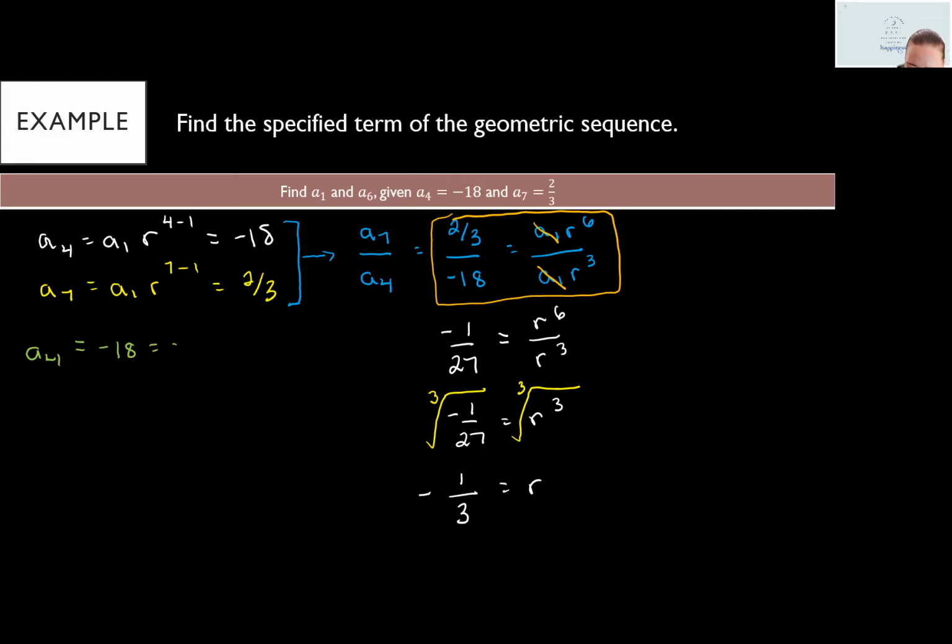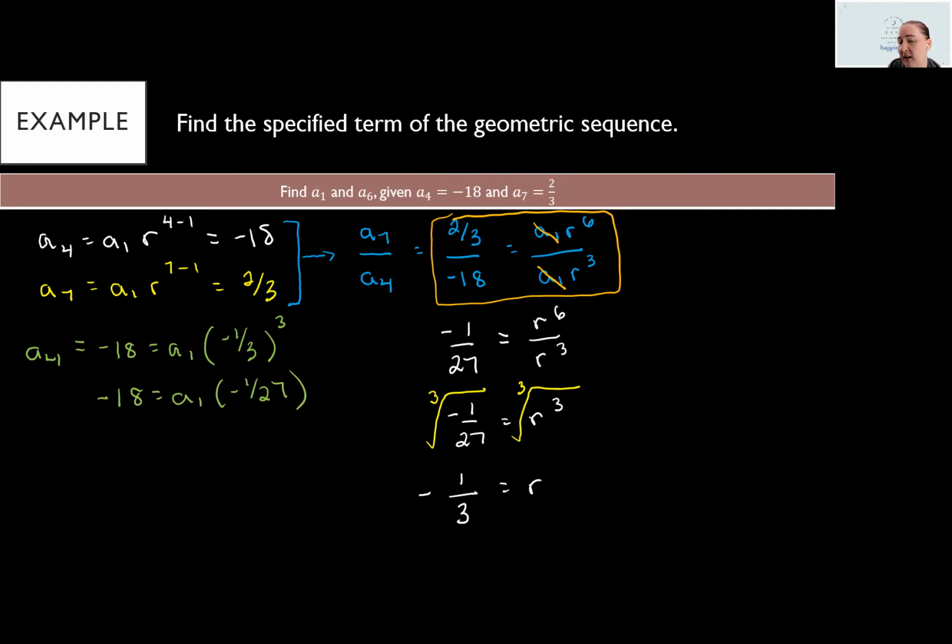And this equals A1, and now we know R, that's -1/3 to the 3, because it's 4 minus 1. So now I just need to do -1/3 to the third power, which is -1/27. We kind of already figured that out.